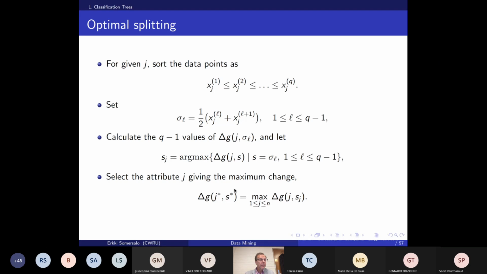One of the things that you can do is use subsamples of your data. I'll address that question later. But at this point, we are thinking that this is a viable way to do that. So skim through all the possible split values, skim through all the possible attribute values, choose the one which gives you the maximum change in the Gini index, and that's the optimal split.